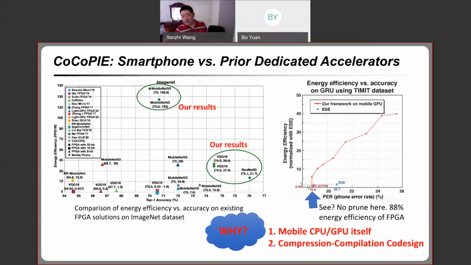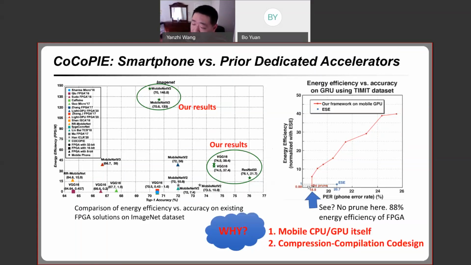Mobile CPU and GPU are actually the driving force of technology advancement. Nowadays, only mobile phone CPUs and GPUs can use the 5 nanometer or 7 nanometer technology node, while FPGAs or ASICs cannot. They use 22, 28, or 40 nanometer, which is the best they can do because they do not have enough manufacturing compared with mobile CPU and GPU.